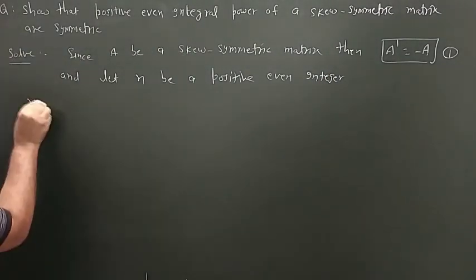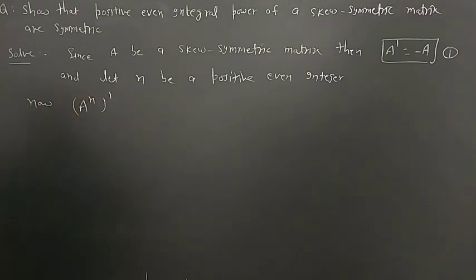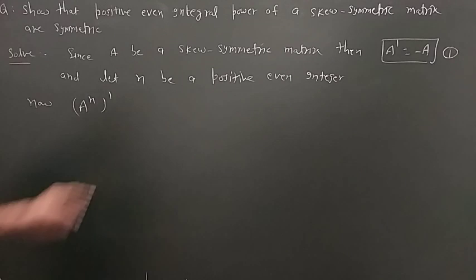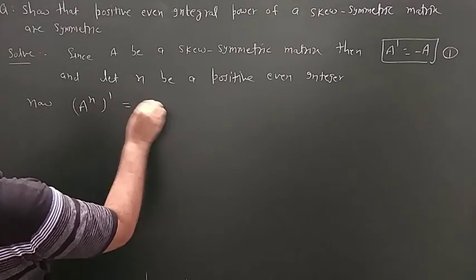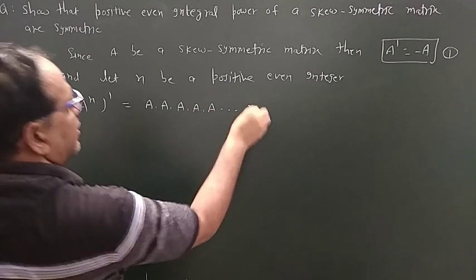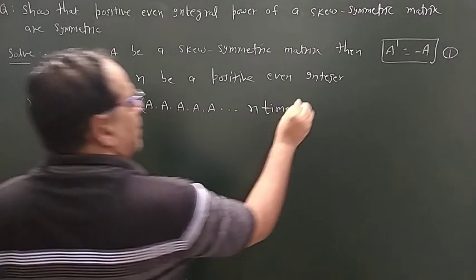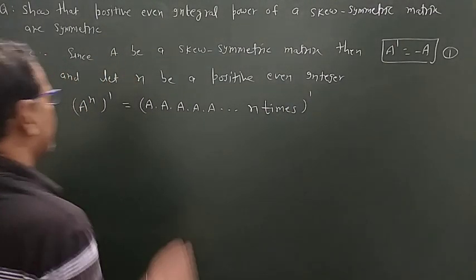Now A to the power n whole transpose, we start with this, is equal to A into A into A into A into A, n times, whole transpose.